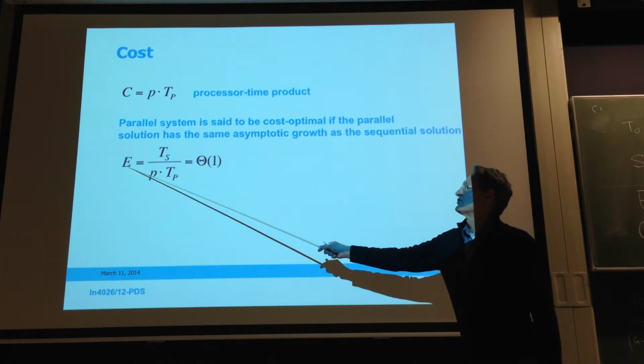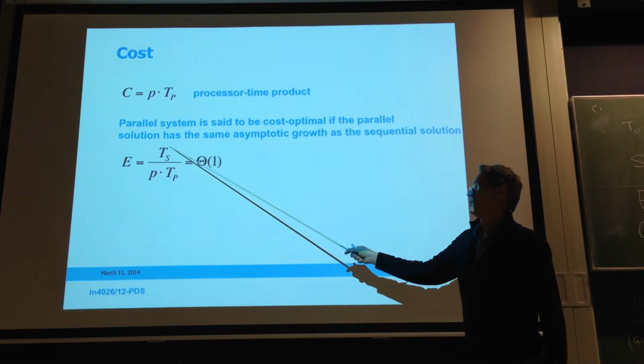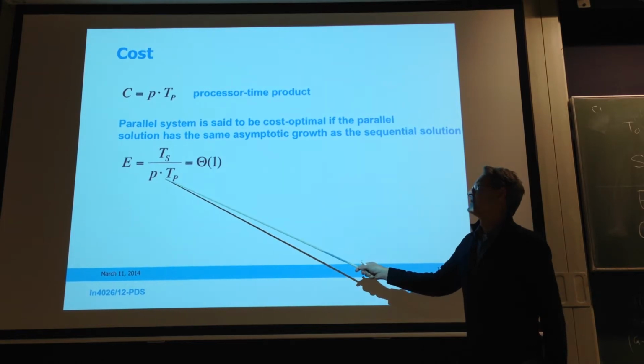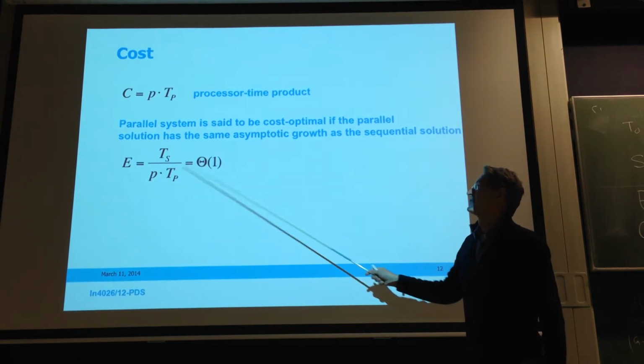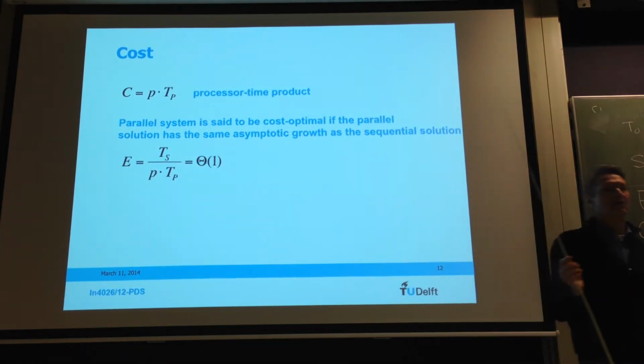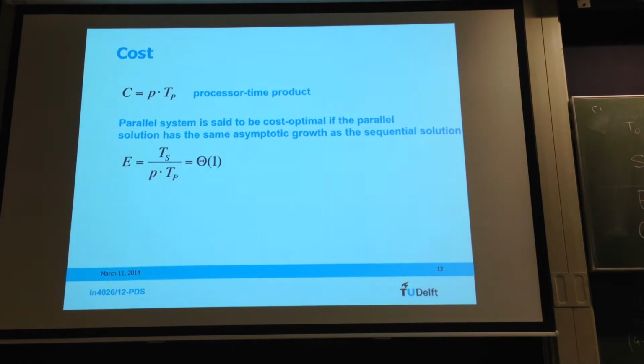Meaning that the efficiency, which is equal to the sequential execution time over the processor-time product, has a complexity of order 1. So that's very important to remember, right? The system is only cost optimal if the efficiency is order 1.